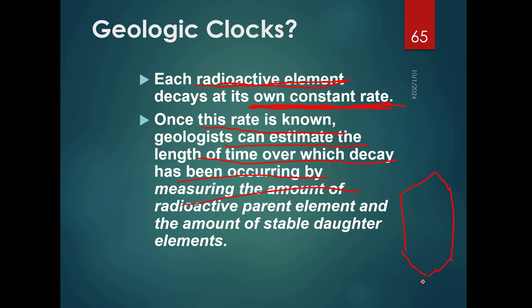At formation, let's say it had 10,000 radioactive atoms. And after one half-life, there will be 5,000 parent and 5,000 daughter. So you see, that's how we know that it's one half-life. If we know the decay rate, then it's easy to calculate the age. As you can see, everything is going to be in that crystal.